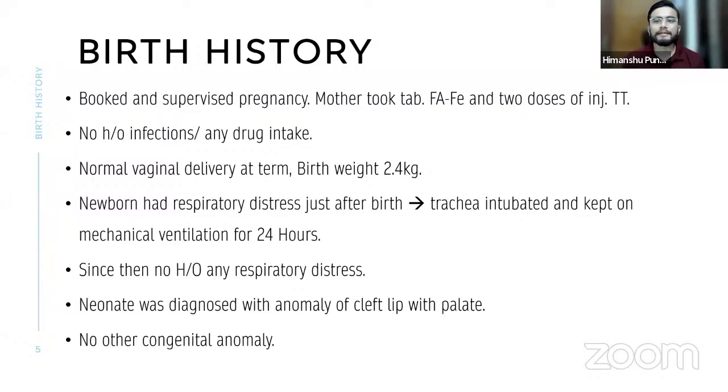If you see, there are certain genetic factors and environmental factors which cause these defects. During development, there is a fusion of the medial and lateral nasal process as well as the maxillary process with each other for the lip development.